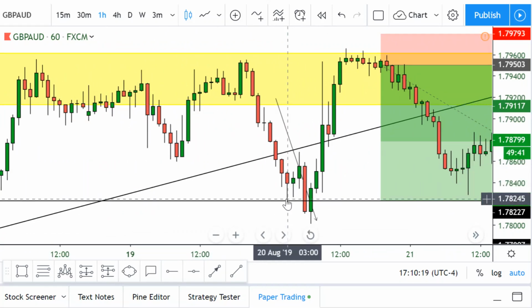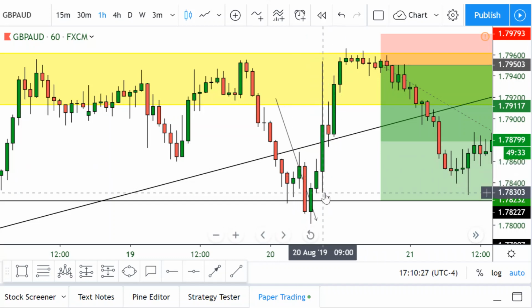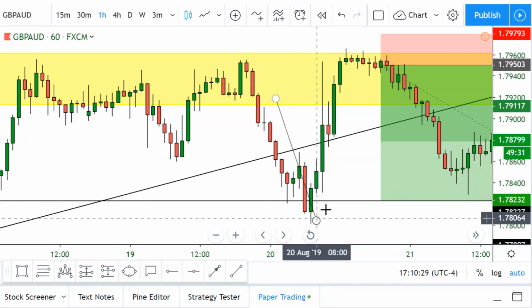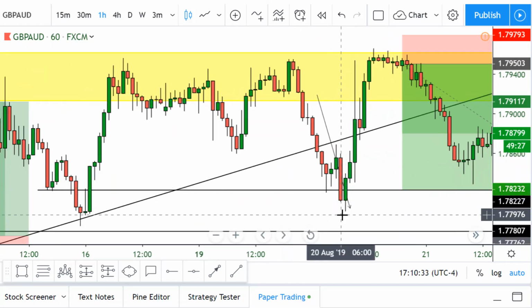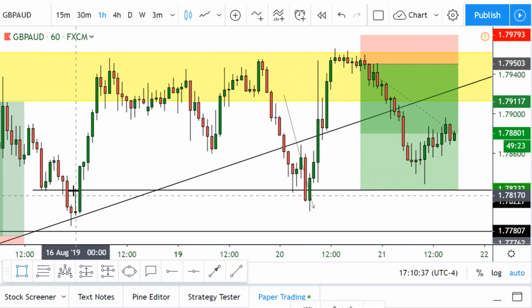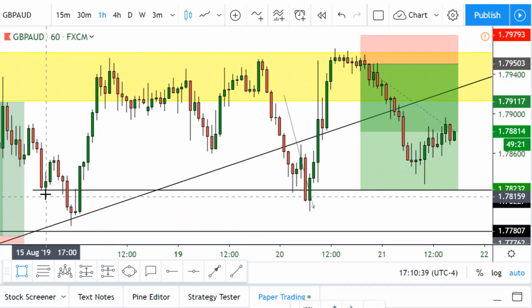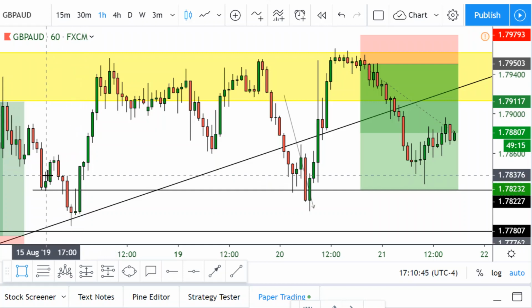Also one here, and one here, but I wouldn't consider those that important. And then one over here, there's also one here, but that pretty much breaks the horizontal line. So let's take our rectangle and get our zones.